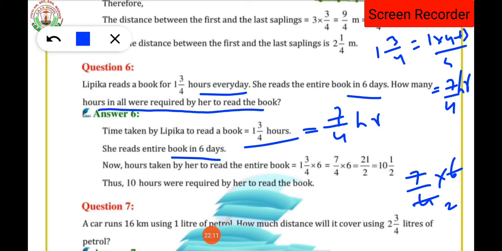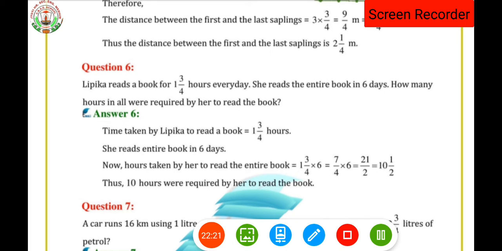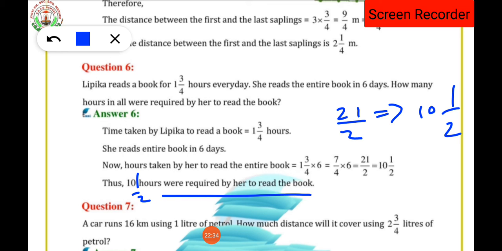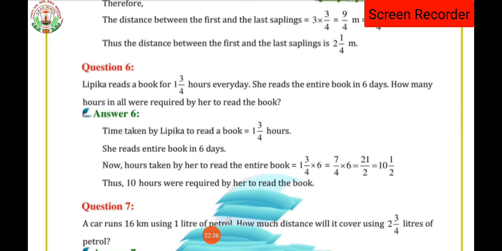So here 2s are, here 3s are. 3 into 7 will be 21 and denominator 2 will be as it is. Now this 21 upon 2 we got. Now 21/2 will be changed into mixed fraction form. It will become 10 1/2. Thus 10 1/2 hours is required to read the complete book.